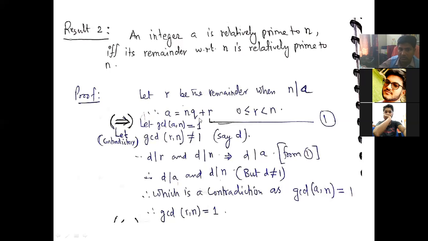So it is a contradiction because GCD of a and n equal to 1. So therefore what we took, not equal to 1, leads us to a contradiction. So this is wrong. That means GCD of r and n equal to 1.